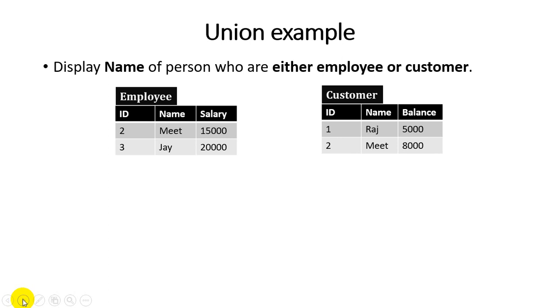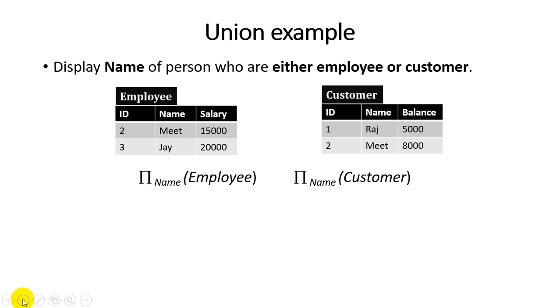As per the tables, Meet and Jay are employees, and Raj and Meet are customers. The user wants to display the names of persons who are either employees or customers. So we apply a projection operator on the name attribute of the employee relation, and a projection operator on the name attribute of the customer relation.